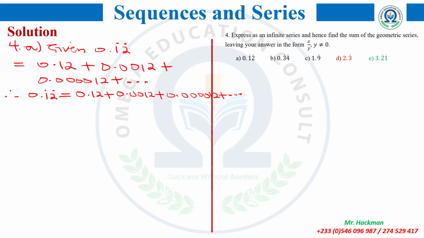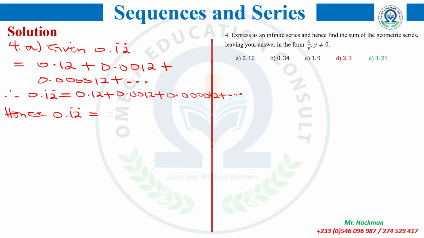Yes, please. Okay, so the second part of the question, we are going to look at the hence. So hence, we want to find the value of this in its fraction form. This will be equal to, remember we said sum to infinity, so it will be a over 1 minus r. You can quote the formula somewhere, or mentally you know.